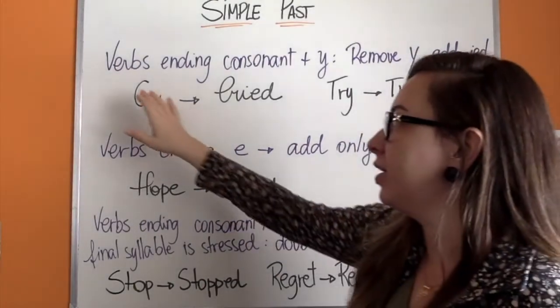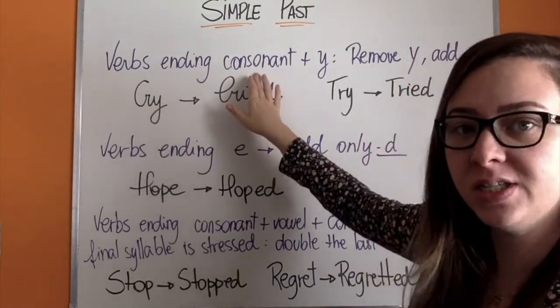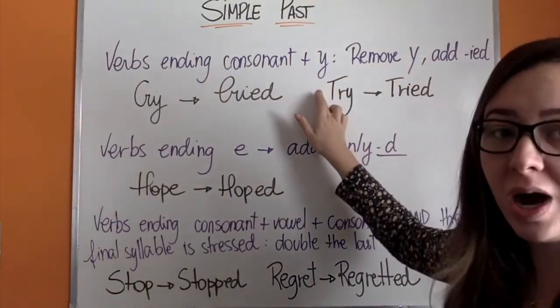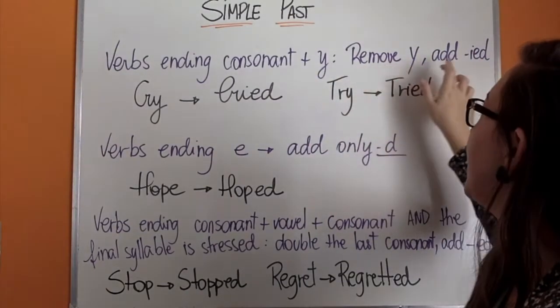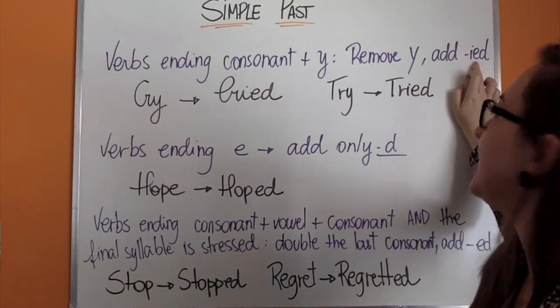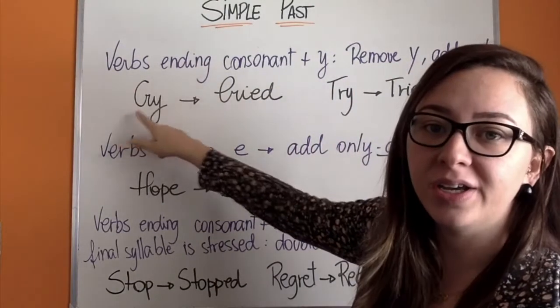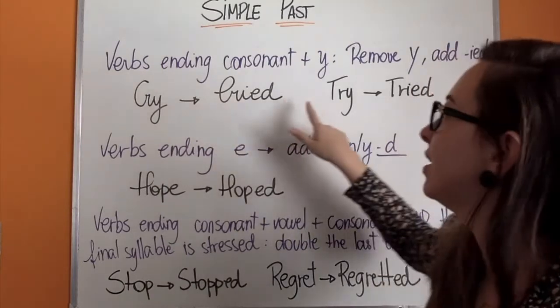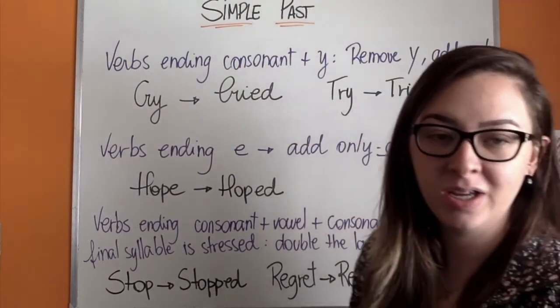So, if you have any verbs ending consonant plus y, you should remove the y and then add I, E, D. For example, cry, cried, try, tried. Okay?